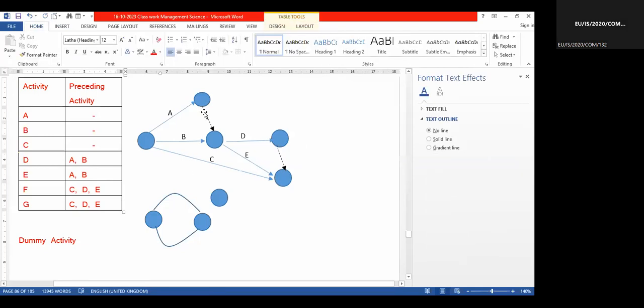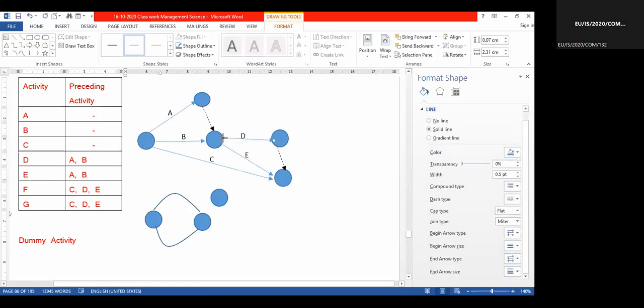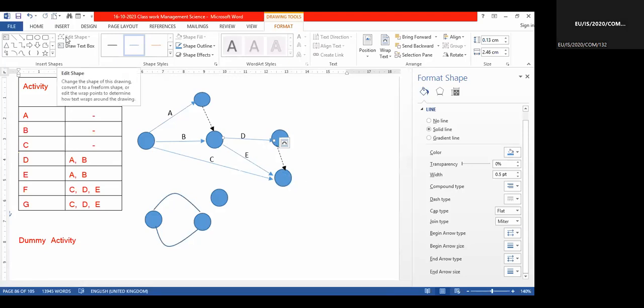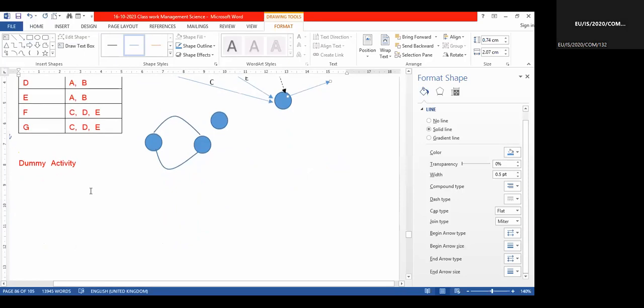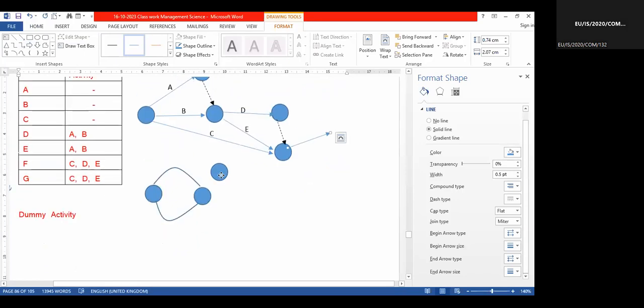So this dummy here. You see, I'm using a different color to denote the dummy actually. Now you see at this point, D, C, E are connected. So from that, activity F is coming. So I'll put here activity F.